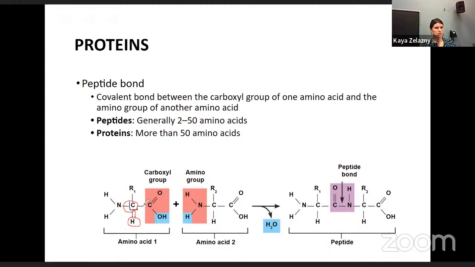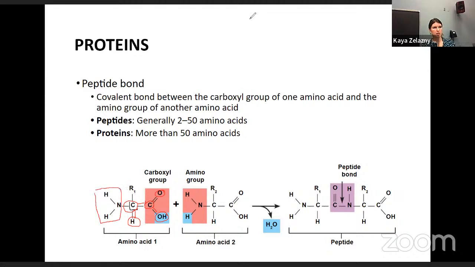On one side, we have our carboxyl group. Our carboxyl group is a carbon double bonded to an oxygen, and then this hydroxyl alcohol OH group off to one side. And on the other side, we have our amine group, which is a nitrogen bonded to some hydrogens.